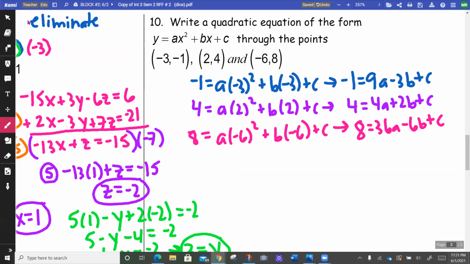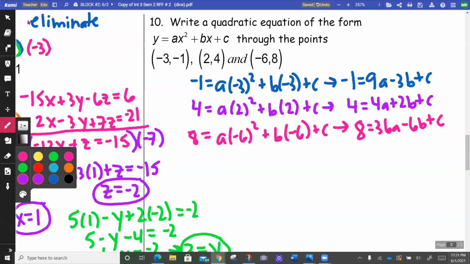So I am going to eliminate my c's because that's the easiest to do. Let's say I multiply this middle equation here by a -1.